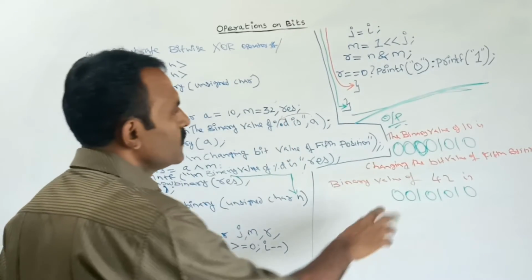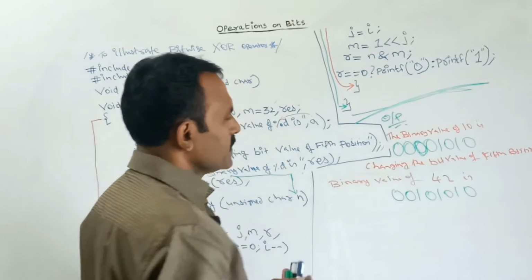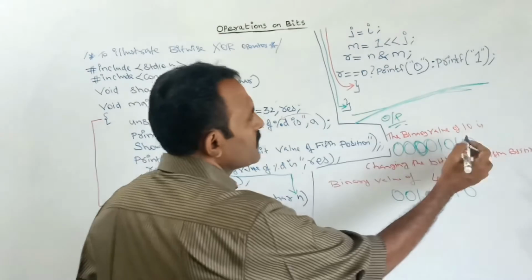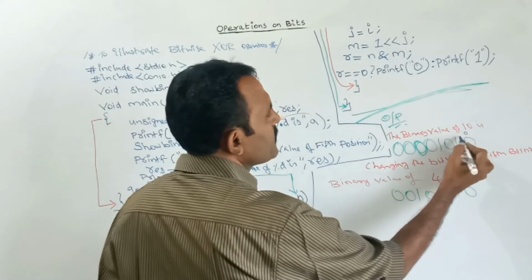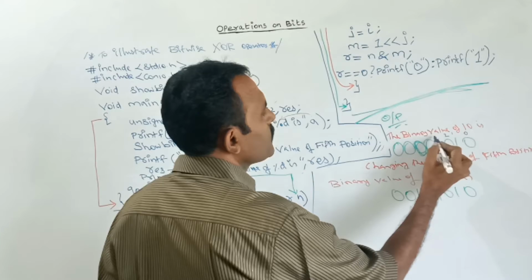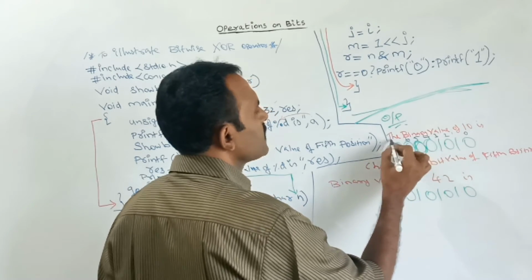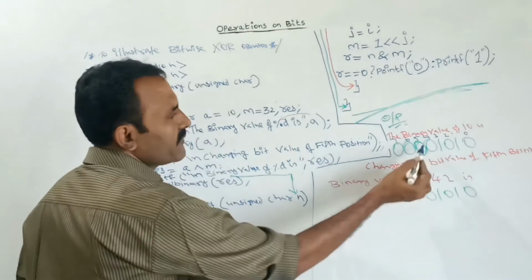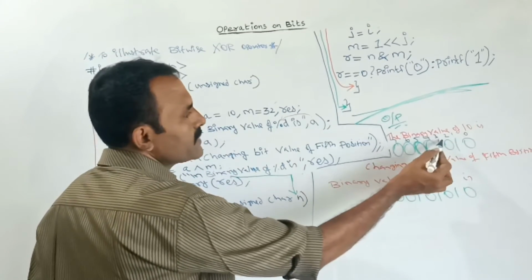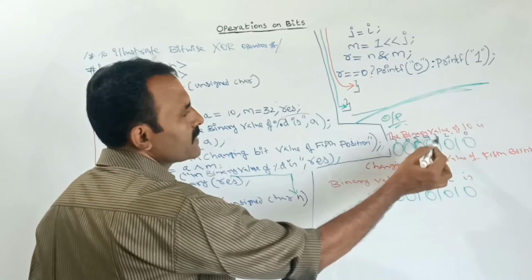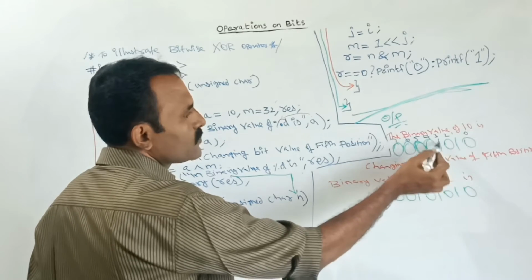Suppose if I want to toggle this 3rd position, for example, under position, 0th position, 1st position, 2nd position, 3rd position, 4th position, 5th, 6th and 7th. Suppose if I want to toggle this 3rd position, what is the value of the 3rd position? Here 1, that is true.